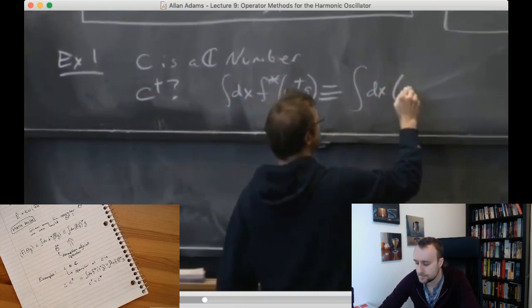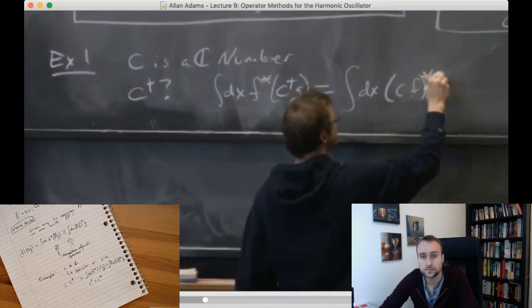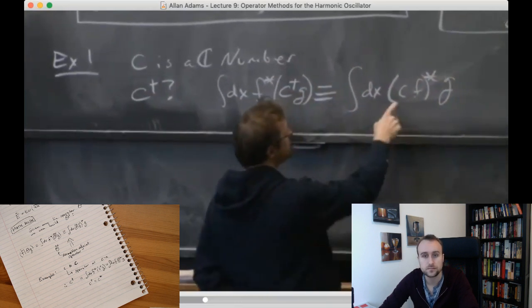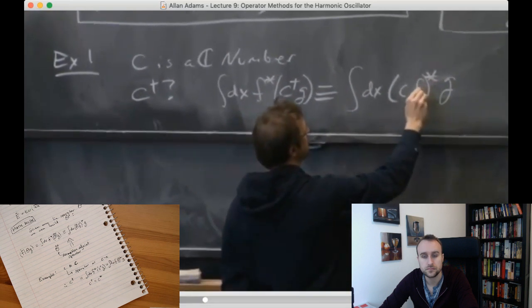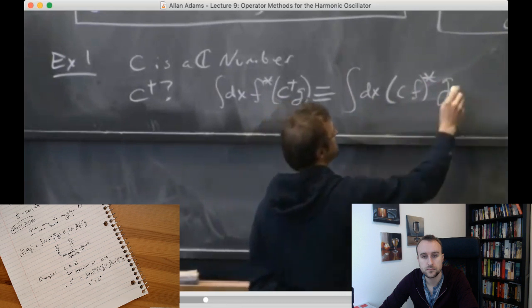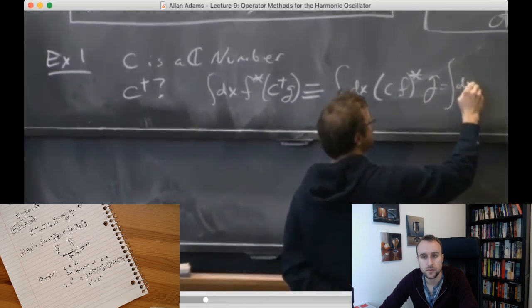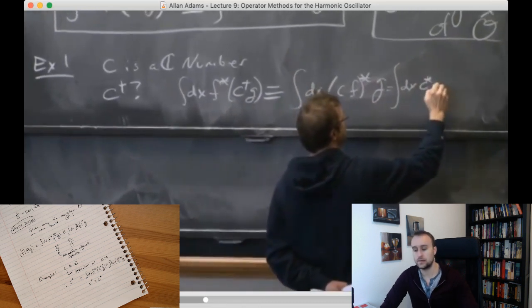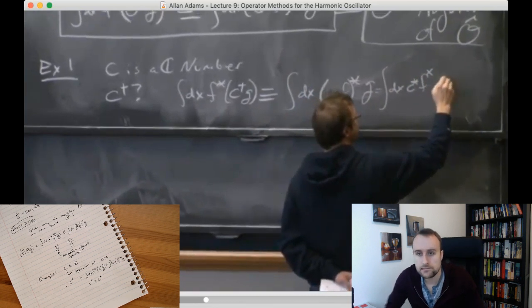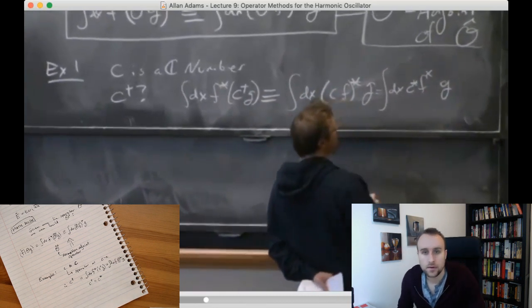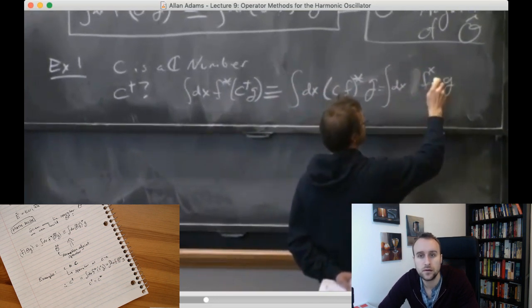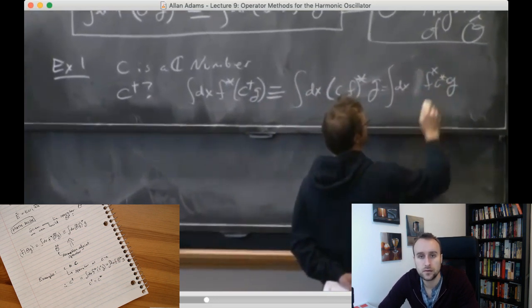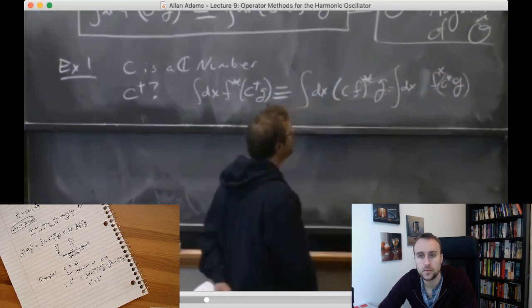Integral dx of C f, complex conjugate, times g. But what is this? Well, C is just a number, so when we take its complex conjugate, we can just pull it out. So this is equal to the integral dx C complex conjugate f star g. But I'm now going to rewrite this using the awesome power of reordering multiplication as C star g, and I'm going to put parentheses around this because it seems like fun.